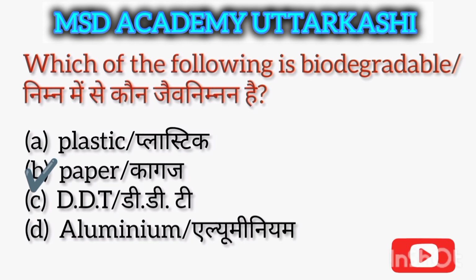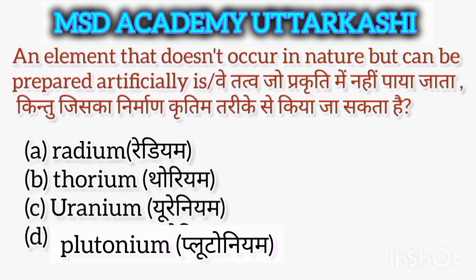Next question. An element that doesn't occur in nature but can be prepared artificially is option A radium, option B thorium, option C uranium, option D plutonium. So the correct answer is option D plutonium.